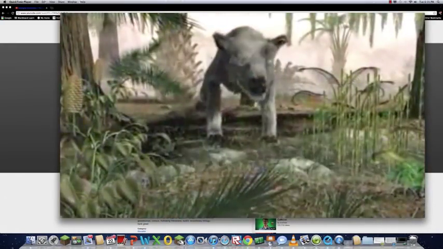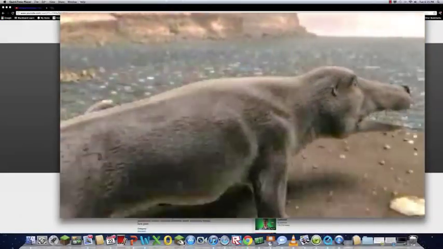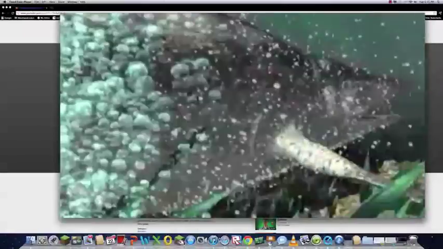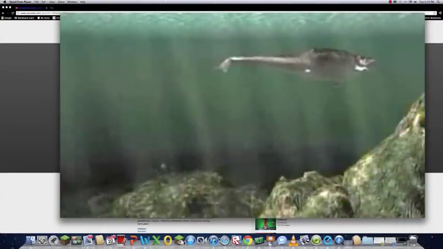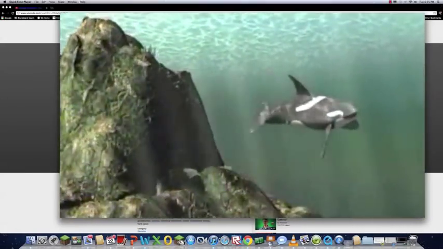Perhaps its descendants found the water a source of abundant food and a haven from competition. Over millions of years, front legs became fins. Rear legs disappeared. Bodies lost fur and took on their familiar streamlined shape.